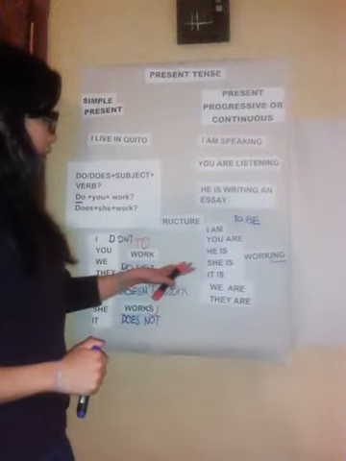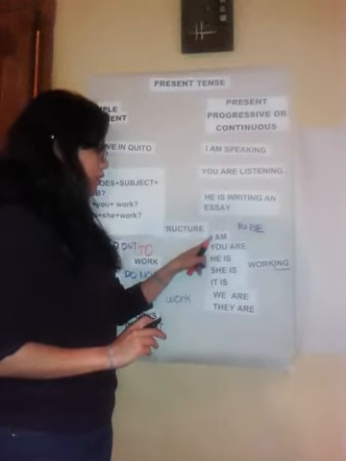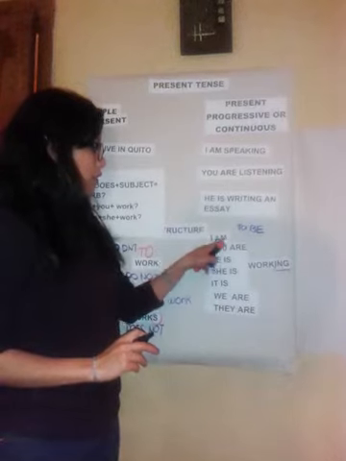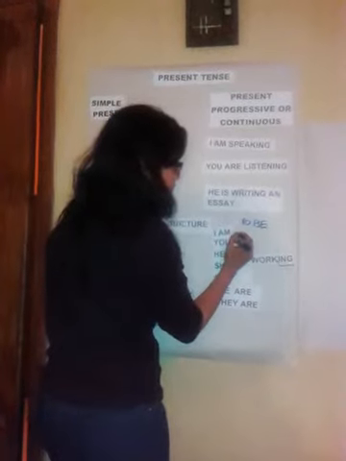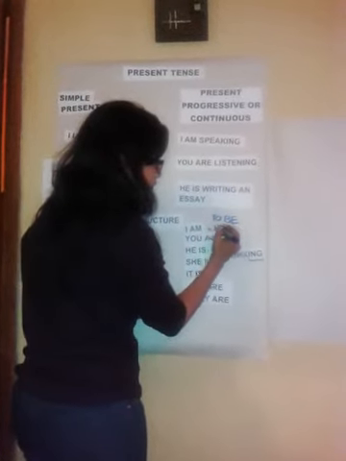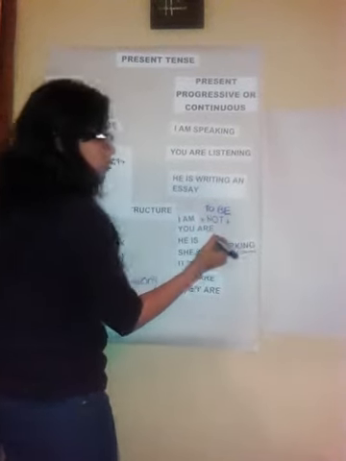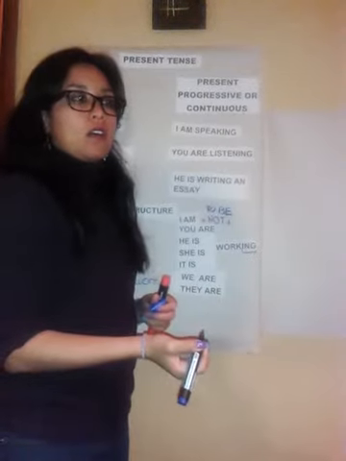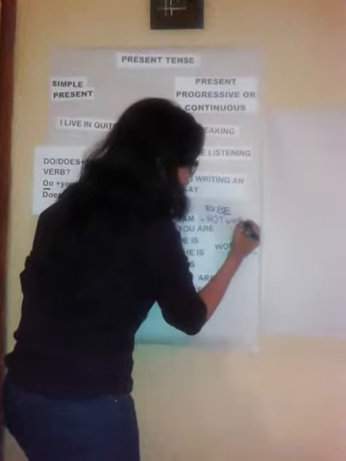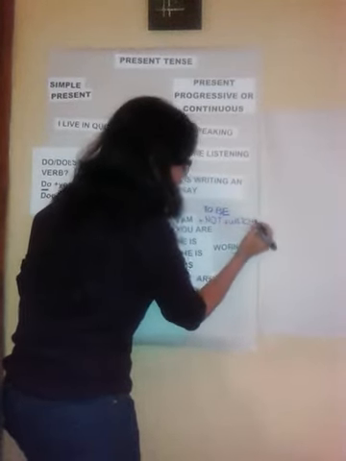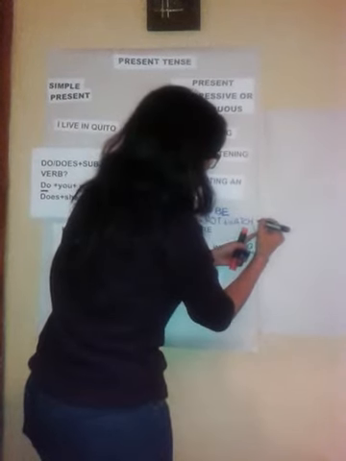Then, to make this negative, we will use the subject, the verb to be, plus not, plus the action verb, for example, watching TV, watch, and plus the ending, which will be ing.